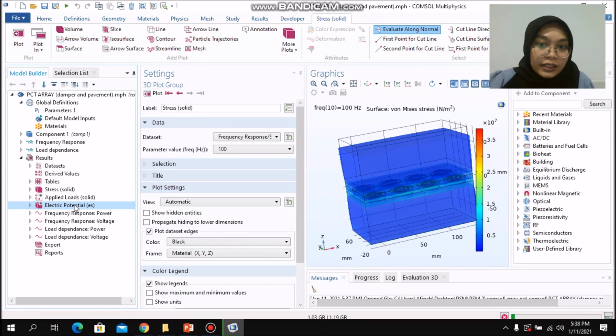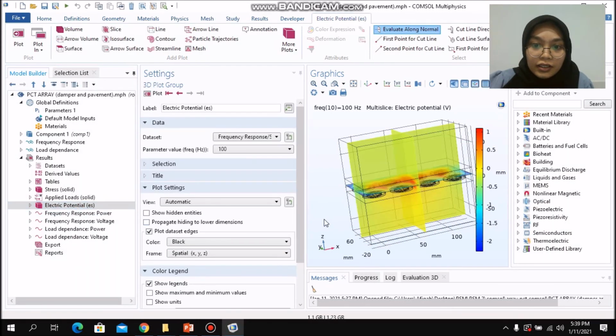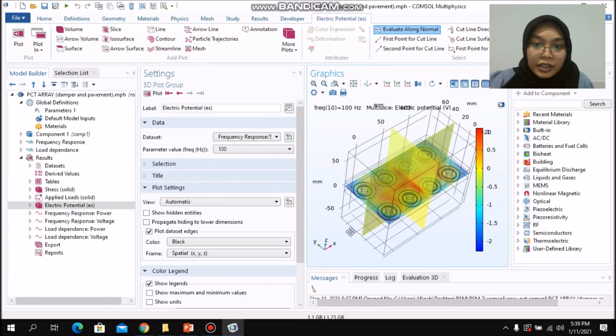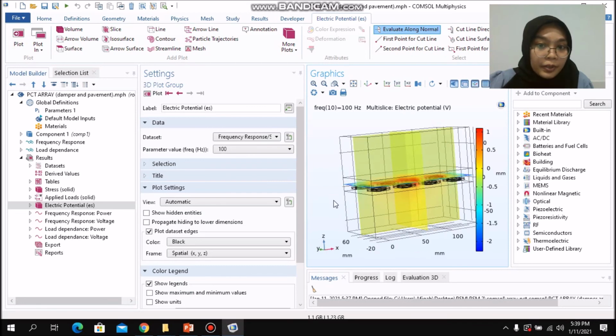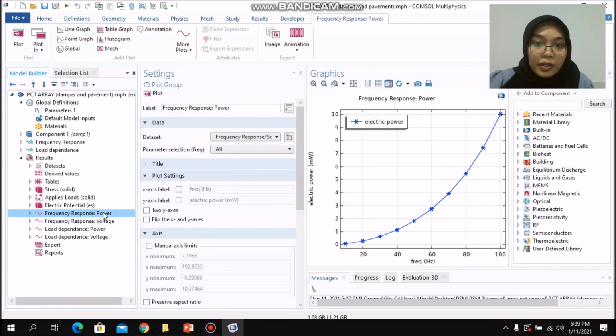As for the electric potential, this is the electric potential distribution on the PCT model in asphalt pavement with damper. This is the graph of the power. With the increase of frequency, we can see it is increasing.